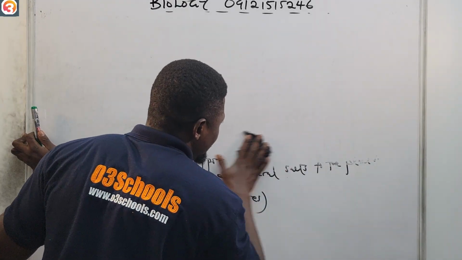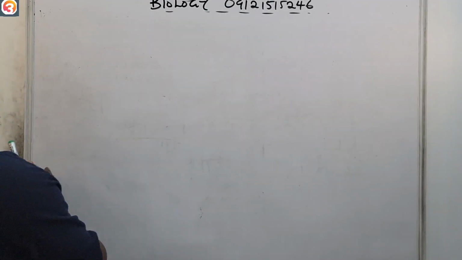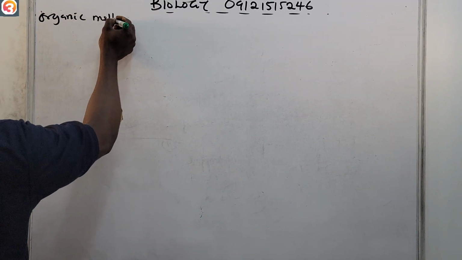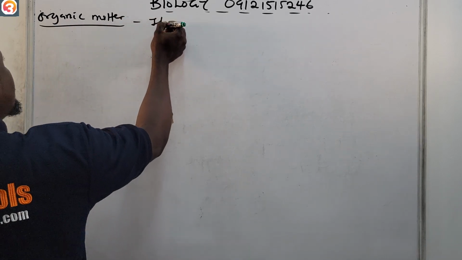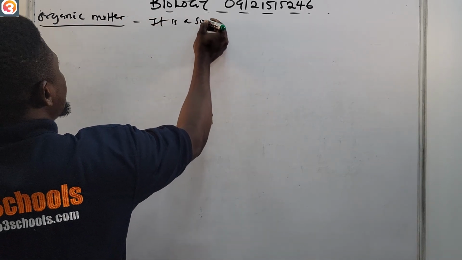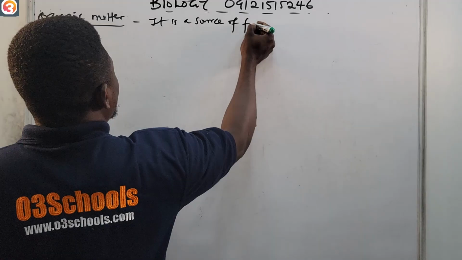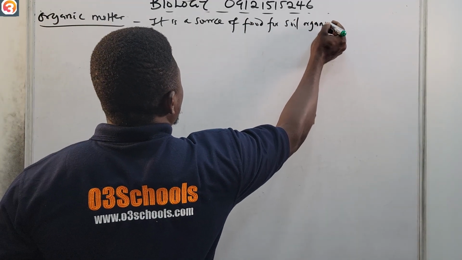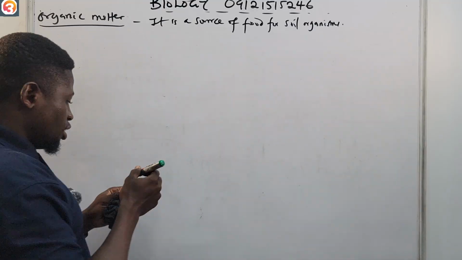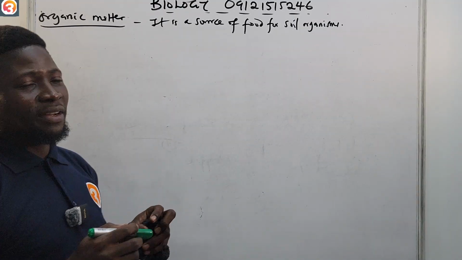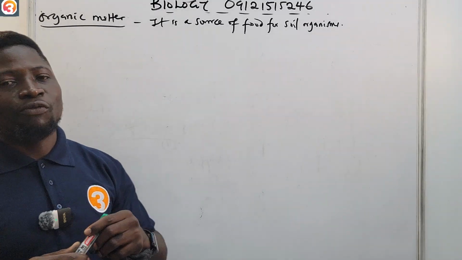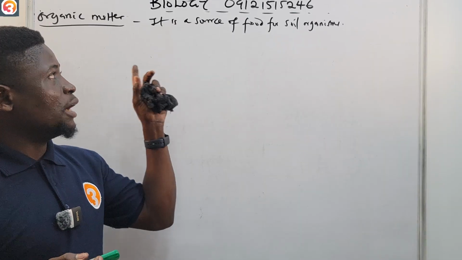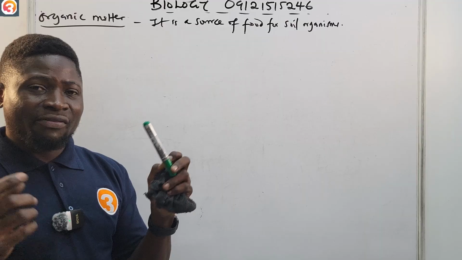Very, very important. So organic matter is a very good source of food for soil organisms. And when organic matter decomposes, it's a very good source of mineral salts.